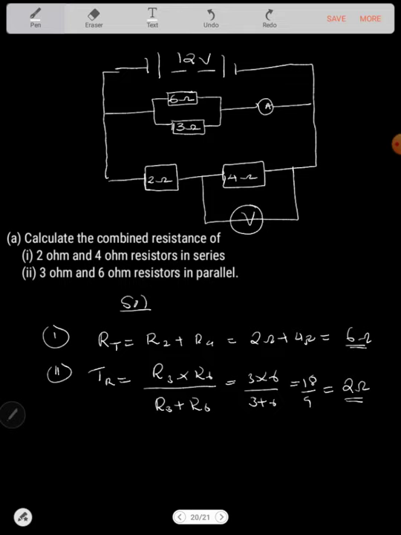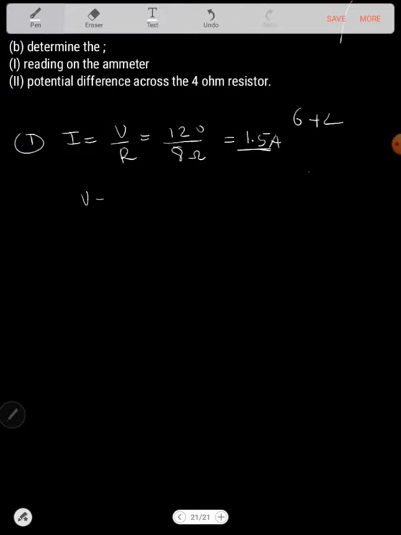Now, how do we find the current flowing in these two resistors? Now we have this resistance, which we found to be 2. We need to find the voltage alone across these two. We know that voltage is equal to current times what? Resistance.